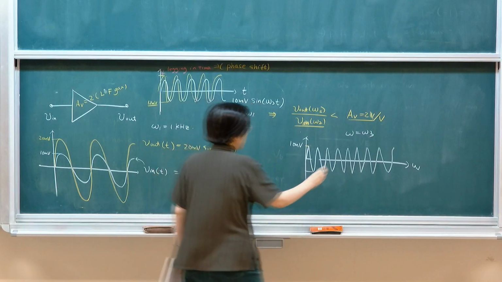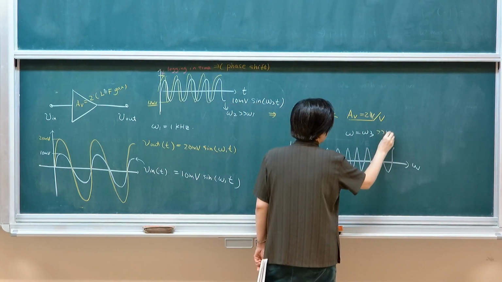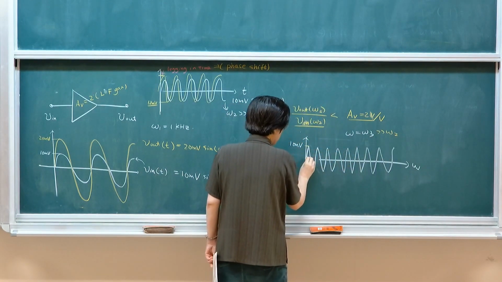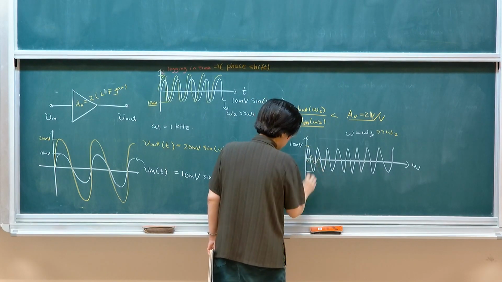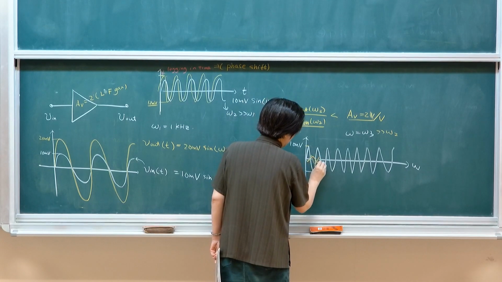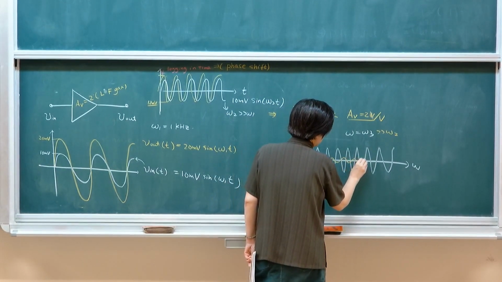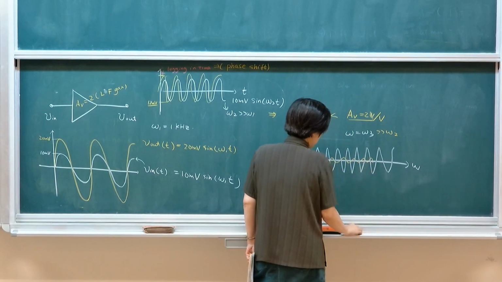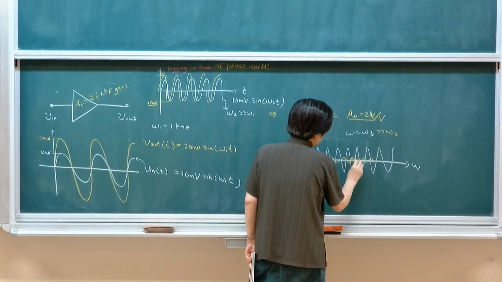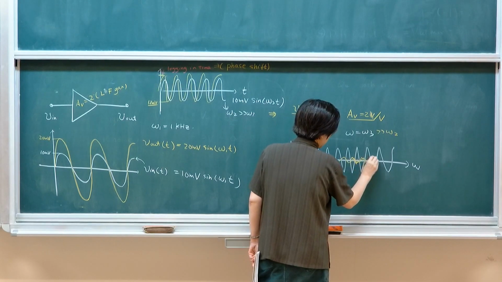But then my output at a much higher frequency, this is much, much higher than omega 2, what happens is that you will see the signal maybe out of phase, at the same frequency but out of phase even further, and at a much lower magnitude.